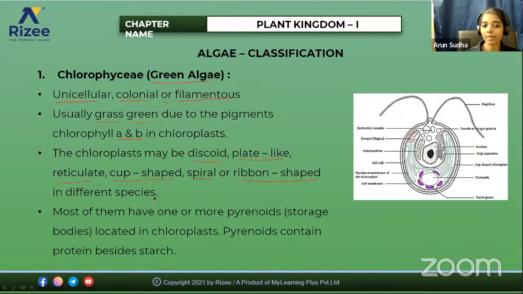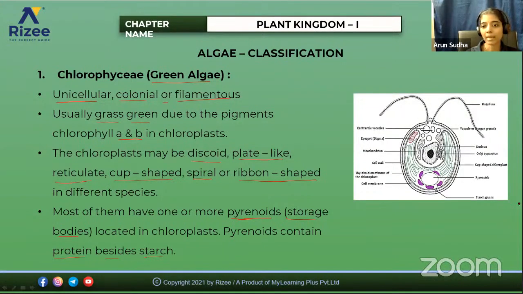Most of them have one or more pyrenoids. So what are pyrenoids? They are storage bodies present in the chloroplasts, and they contain protein besides starch. They have both starch and protein.